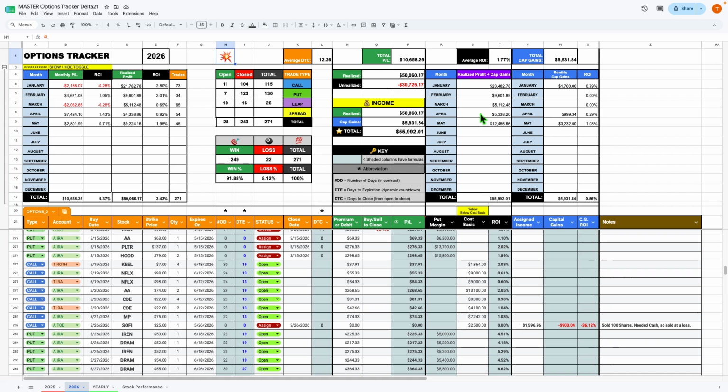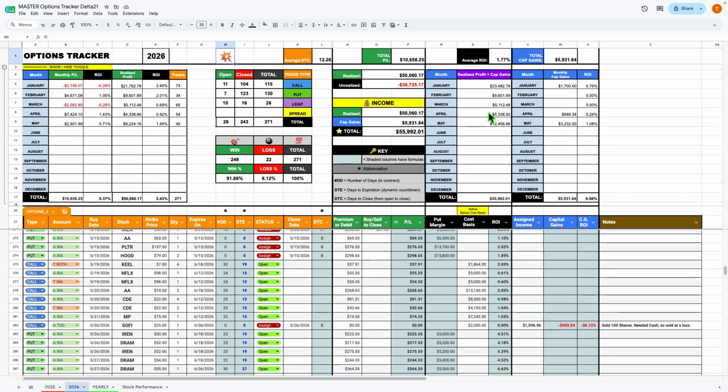April, $5,338.20, and in May, $12,456.66. So even though these months were not as profitable as these others, I'm still happy that I have a positive profit showing up greater than $5,000 in that month. So I will take it.